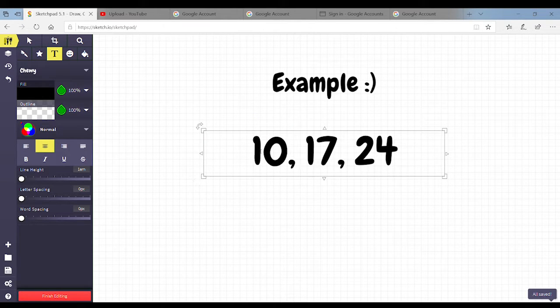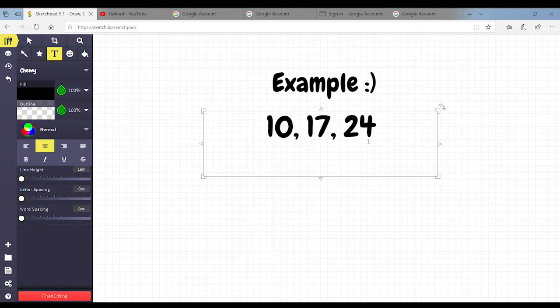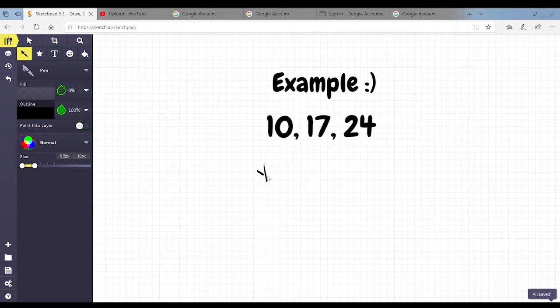You would have to identify what is happening to the number as it increases. So let's say the actual question was, find T sub n at n equals 5.